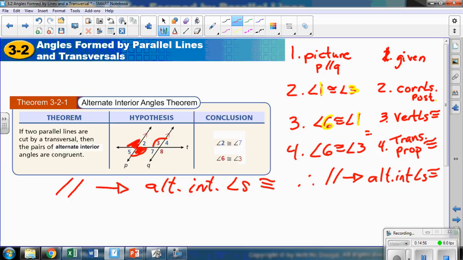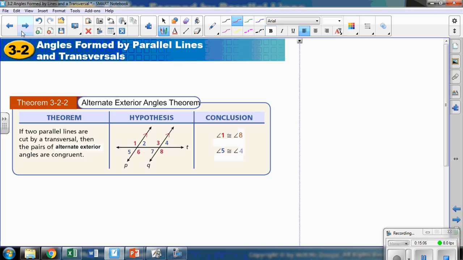You'd have something similar for the alternate exterior angles theorem, which is here. If you have parallel lines, it will force these alternate exterior angles to be congruent.